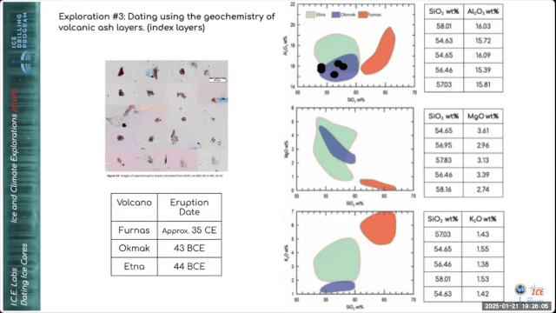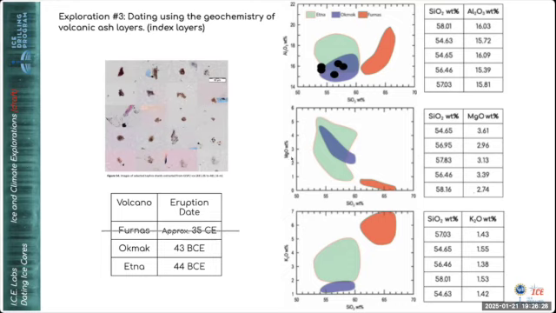I would say this was a BCE ice core, not a CE ice core. There you go. So you're going to eliminate Vesuvius, because none of them actually fall on it. So we're starting to say, okay, that one is out. None of the chemistry lines up with it. I'm not sure about these two, because we got 2 in this one, and 1, 2, 3 in this one overlap.